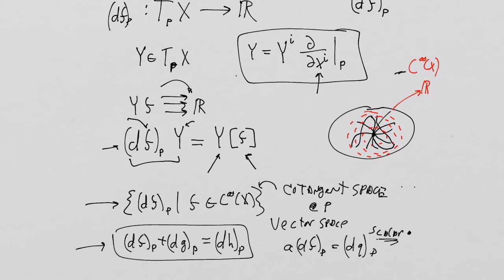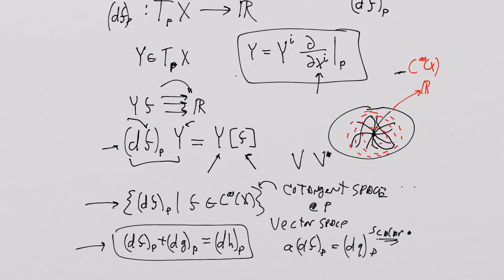And just to make contact with the tensor lectures, the tangent space is the underlying vector space, which we typically called V in those previous lectures. And the cotangent space is the dual space, which we called V star. So the cotangent space is the dual space of the vector space.